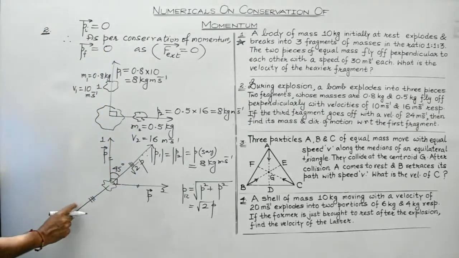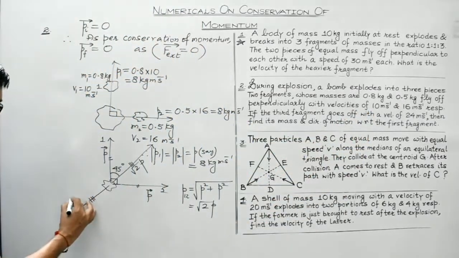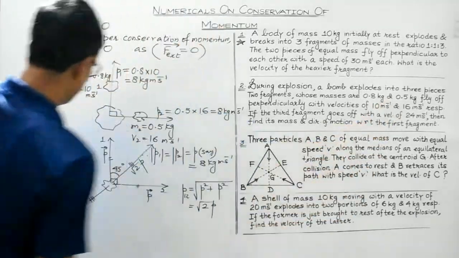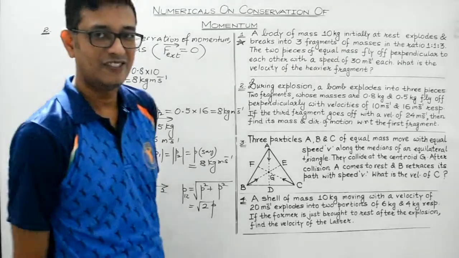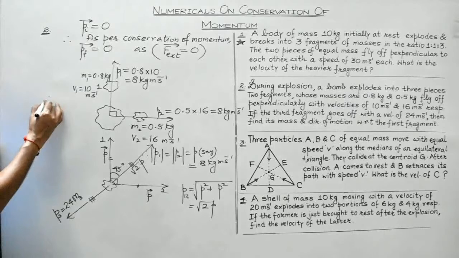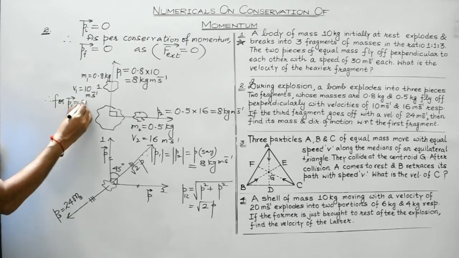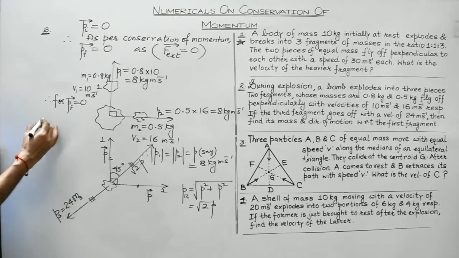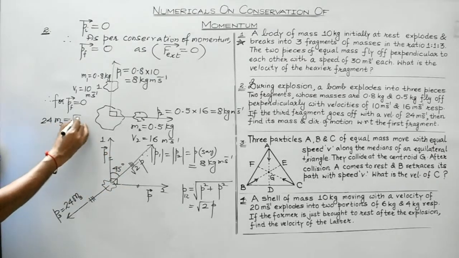So therefore, its momentum would be mass into velocity. Suppose the mass of the third fragment is m3 and its velocity is given to be 24. So momentum of the third fragment is m into v. So 24 into m3. Right? Therefore, for final momentum of the system to be 0, this 24 m3 must be equal to root 2p.